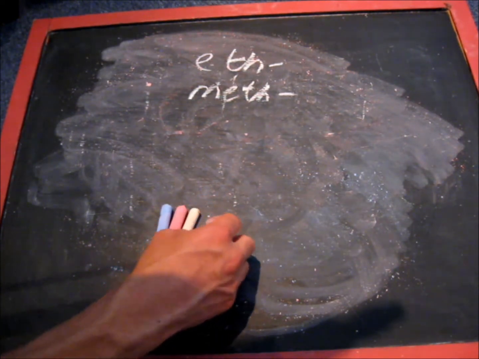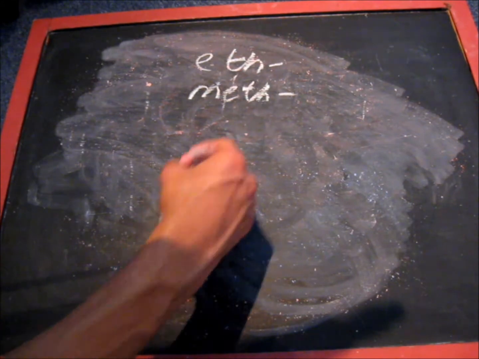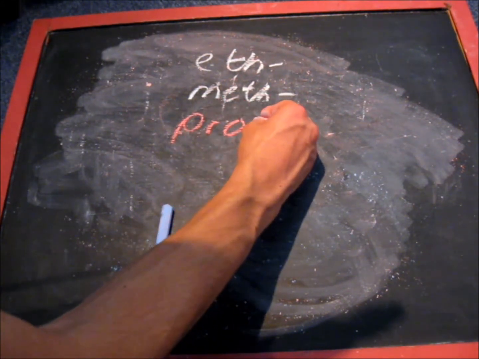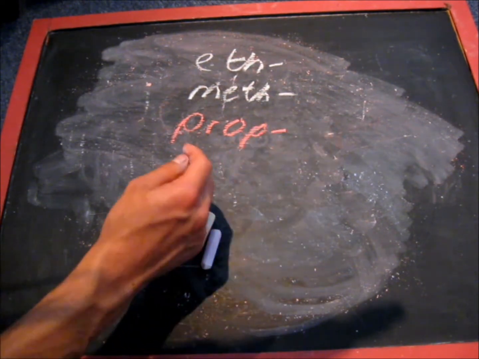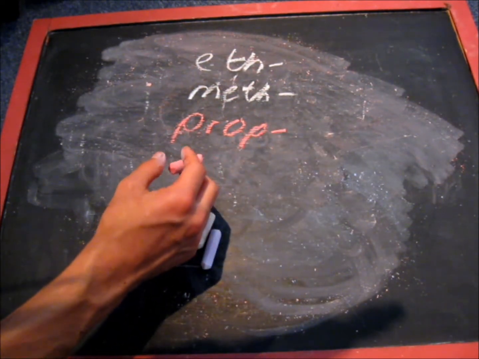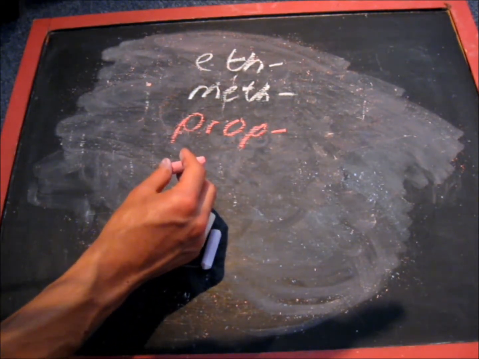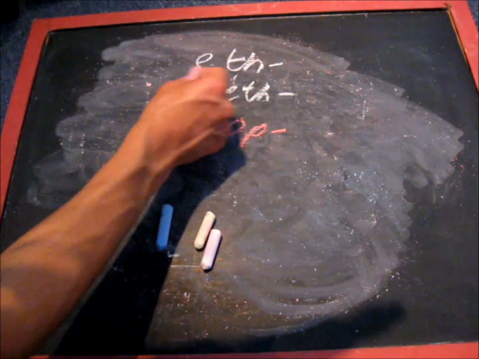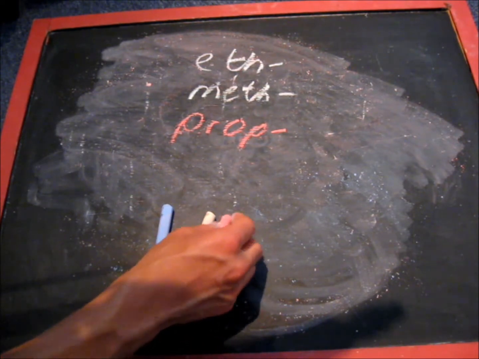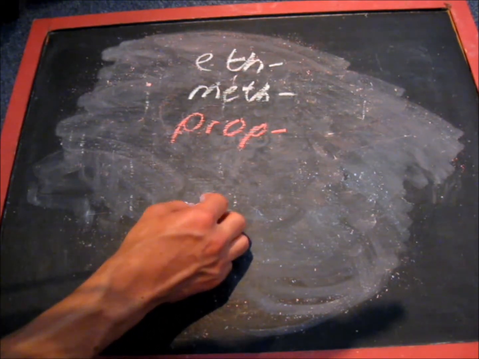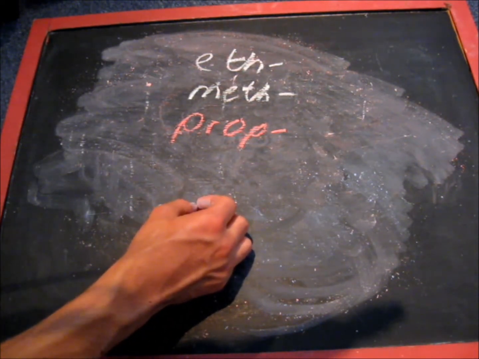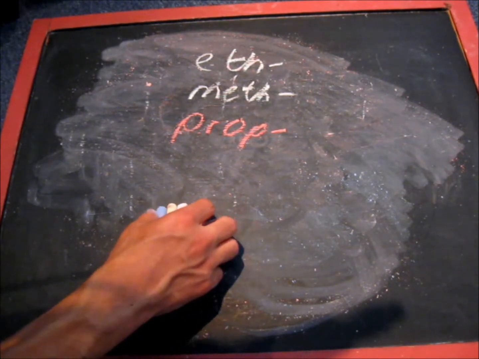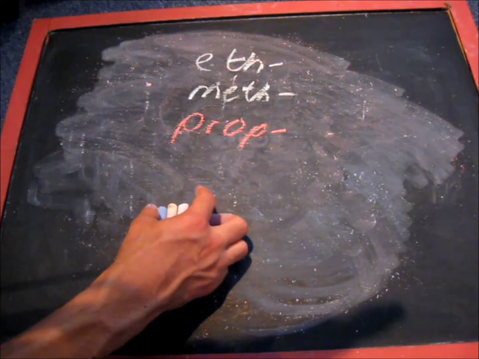For example, the next one, let's use a different colour. Pro or prop. For example, when it's an alcohol, it's propanol, and same with methanol and ethanol. So they're quite recognisable molecules, these organic compounds. They're used a lot in day-to-day life.